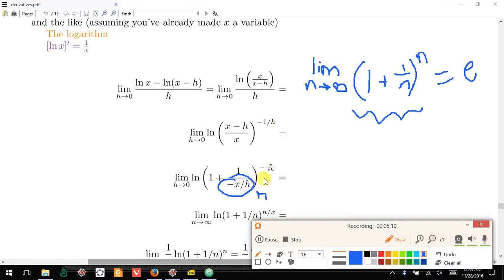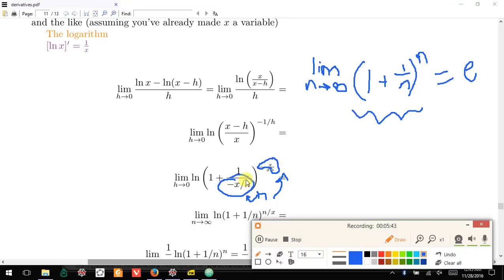And so in order to get x into the picture, I multiply top and bottom by x. And in doing so, I've got negative x over h up here. And so that's n, right? n is now up there and n is down here, kind of by forcing it into the picture, although things worked out a little nicely. But in any case, there I justify moving on to the next phase of my plan here.